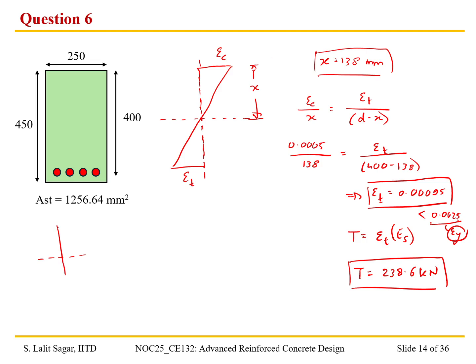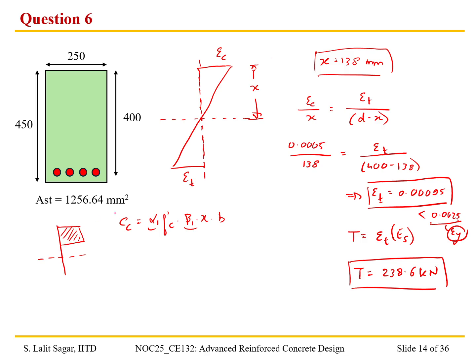So we are going to be converting the stress block into an equivalent rectangular stress block, where we have CC is equal to alpha 1 into F prime C into beta 1 into X into B. Here alpha 1 and beta 1 are factors which correspond to the concrete stress block.